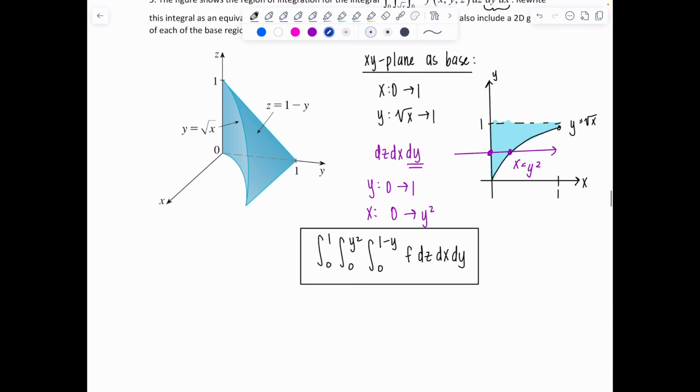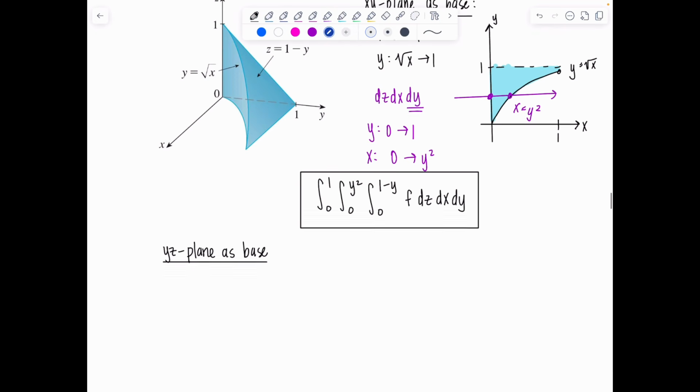Okay, from here, let's do the YZ plane as the base next. So what does this region look like projected over the YZ plane? Like pretend you're standing here and you're just looking down at the YZ plane. All you would see is a triangle, right? You would just see z equals 1 minus y. That's all you see.